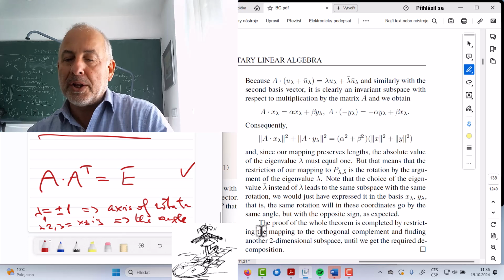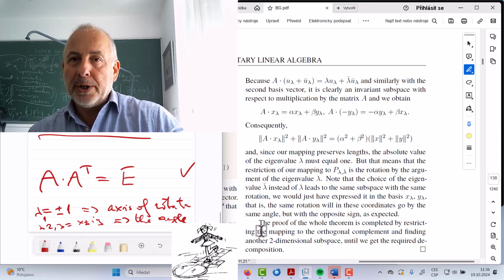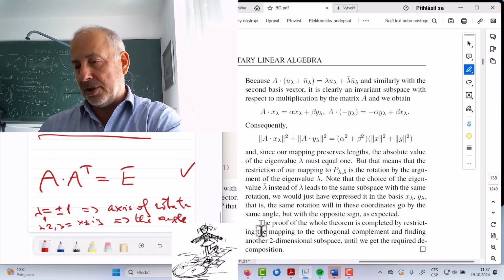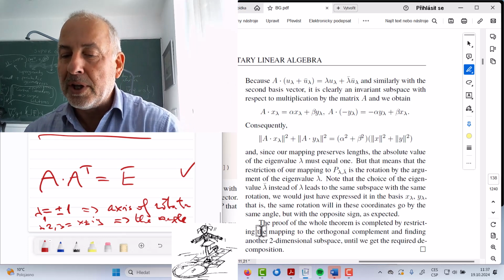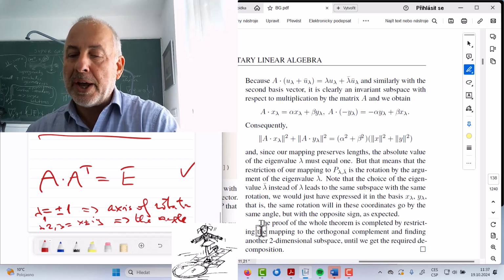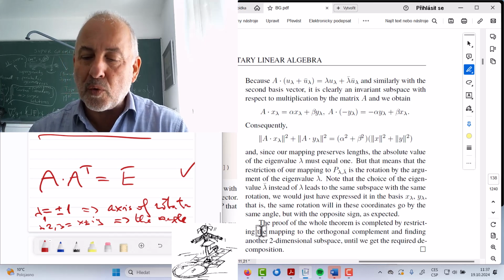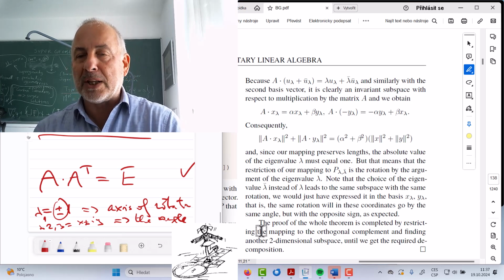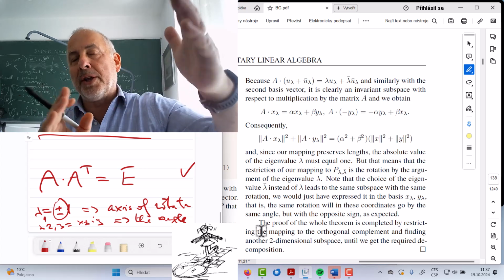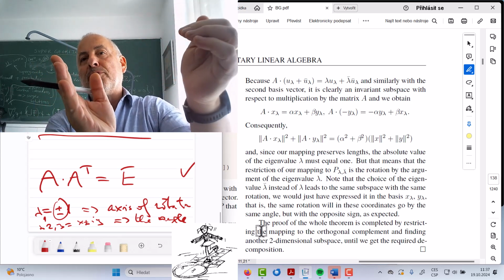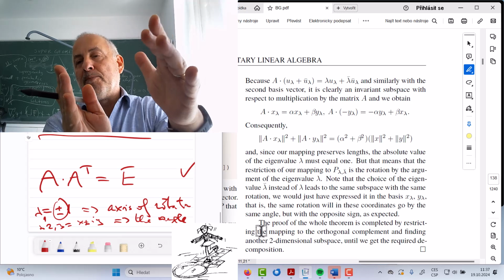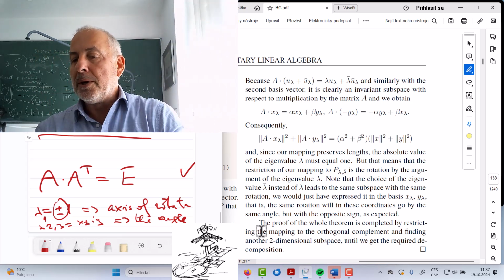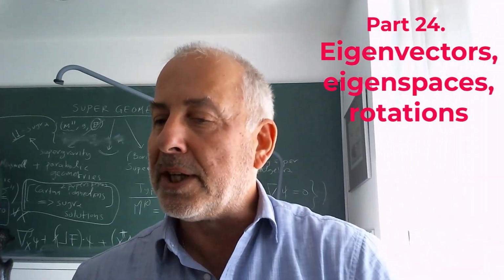Here we have to take care about the orientation, in which direction we rotate. You can read in the text how to solve this. And here the plus minus 1 corresponds to the fact that if it's plus 1, it just rotates. If it's minus 1, then on top of the rotation you have to consider the reflection with respect to the two-dimensional plane. Right, so it's in R3, so it all makes sense.